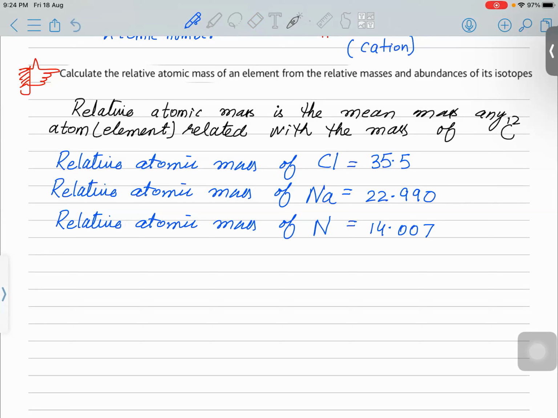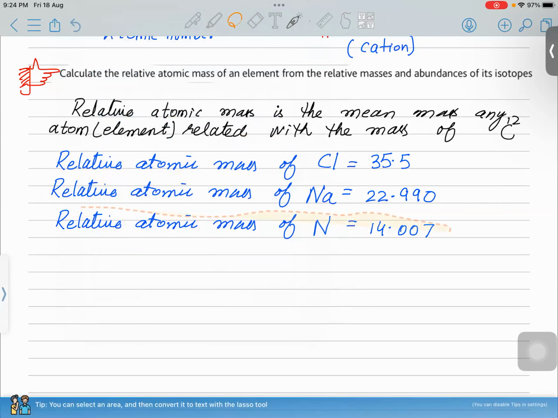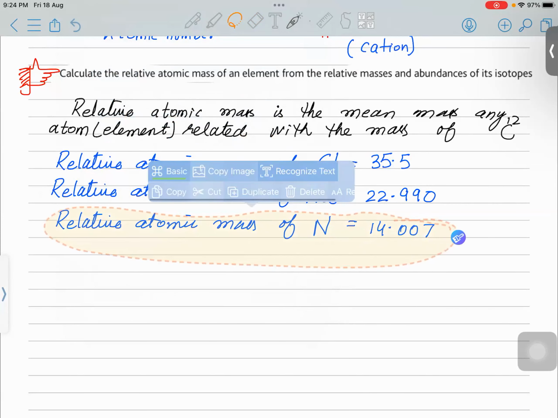Now find the relative atomic mass of carbon. Yes, sir, 12. Exactly 12 or 12 point something?